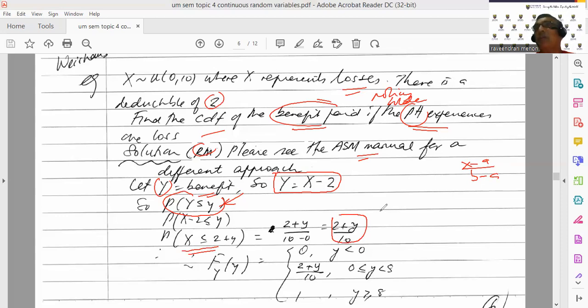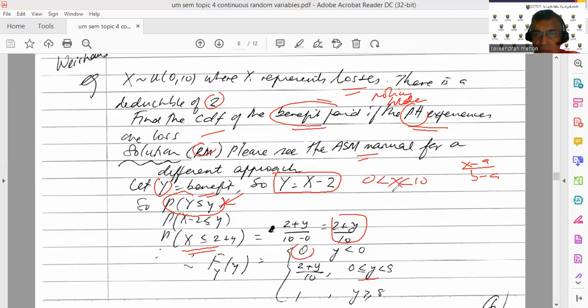So you can write your CDF of Y very quickly. We have got 0 for y less than 0. That's easy. Then y between 0 and 8. Why is this so? Remember, your X is between 0 and 10, right?